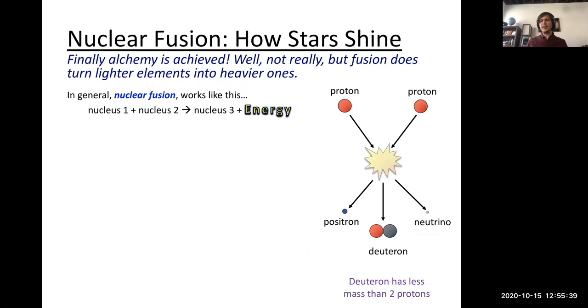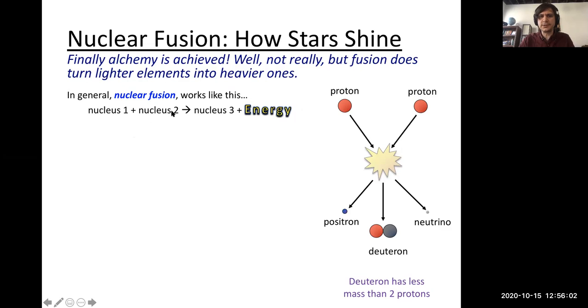So in general, a fusion reaction looks a whole lot like a chemistry reaction, like something that you would draw in a chemical reaction in a chemistry class. And the way that we write this is, we're going to have just generically nucleus 1 plus nucleus 2 fused together to become, so an arrow, we have the reactants and then we have the products.